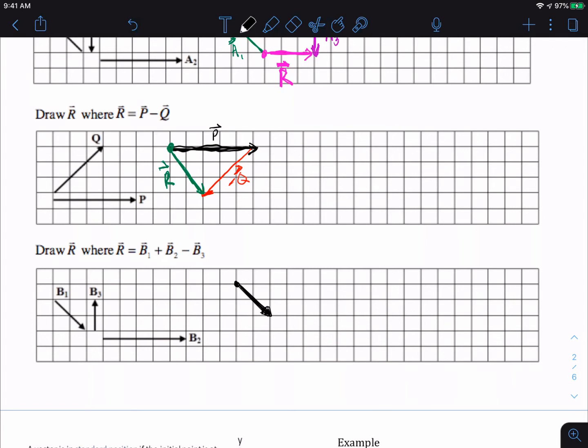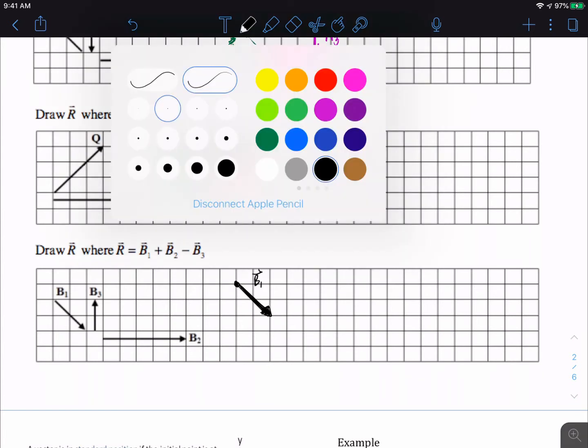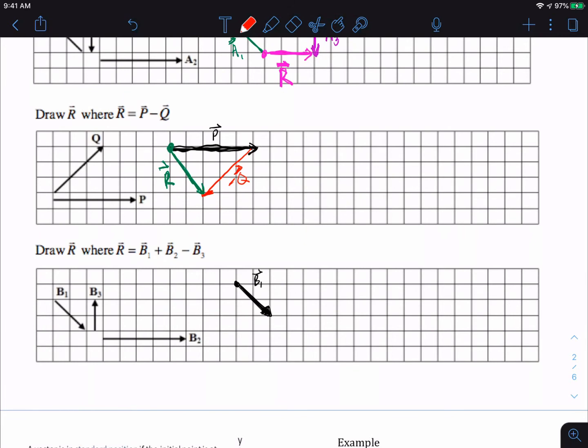And it's going in this direction. Then I need my second vector. Then my B2 is 1, 2, 3, 4, 5 squares. So I'm going to go 5 squares. Right? 1, 2, 3, 4, 5.